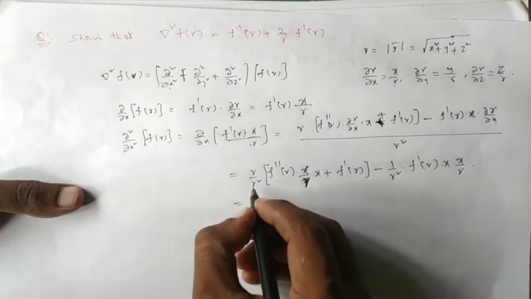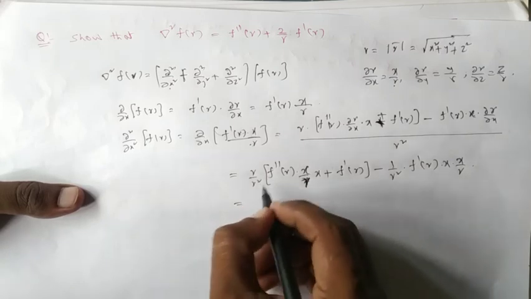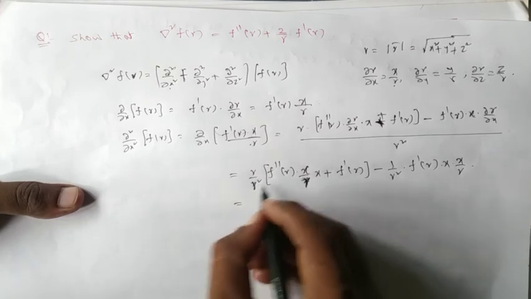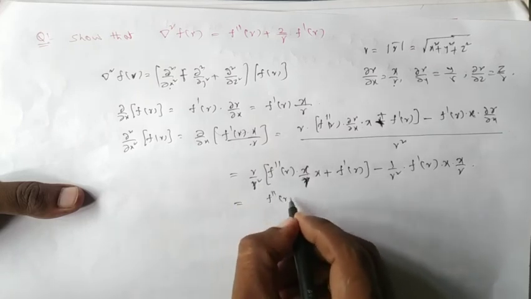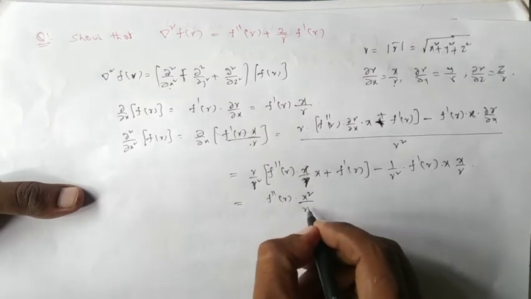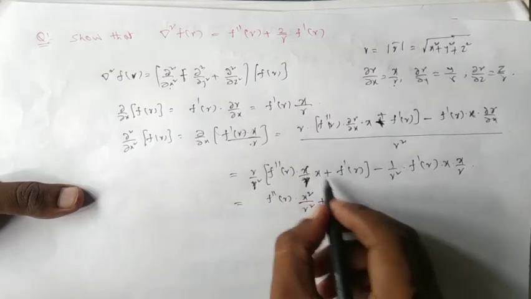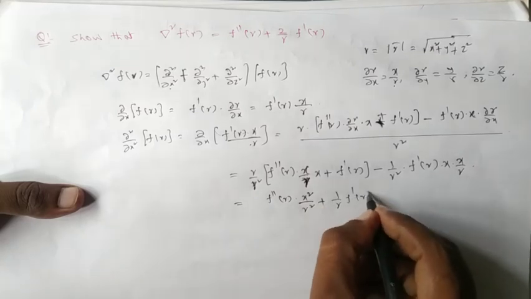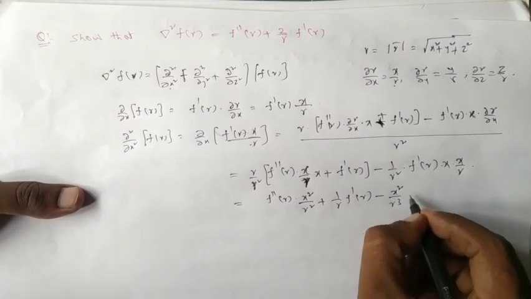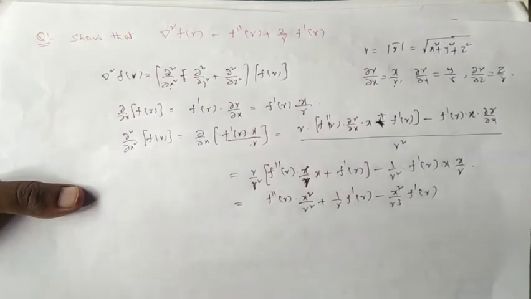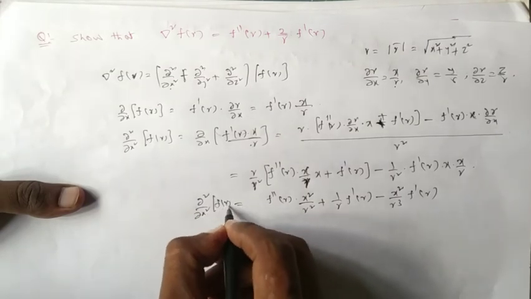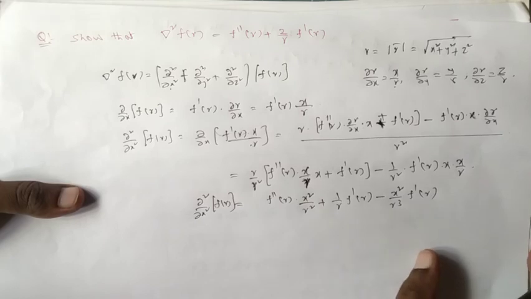Once you simplify it further, this r may cancel, and in the first term the coefficient of f''(r) is x square by r square. It is 1 by r f'(r) minus x square by r cube into f'(r). This is ∂²/∂x² of f(r). Clear?